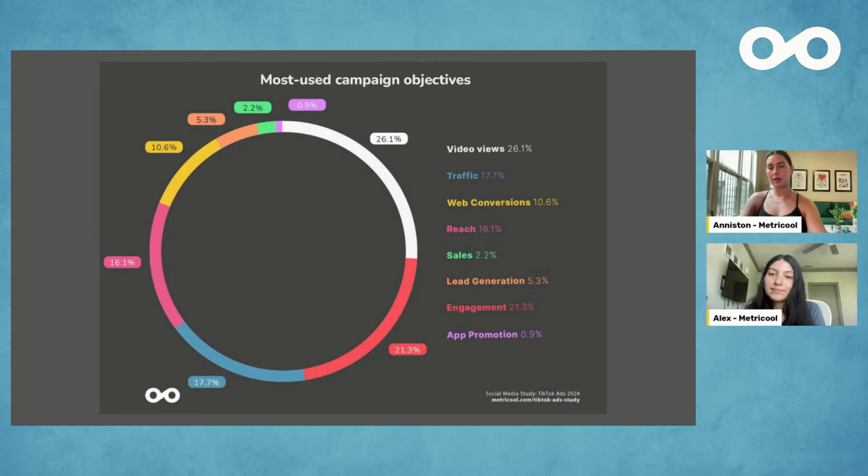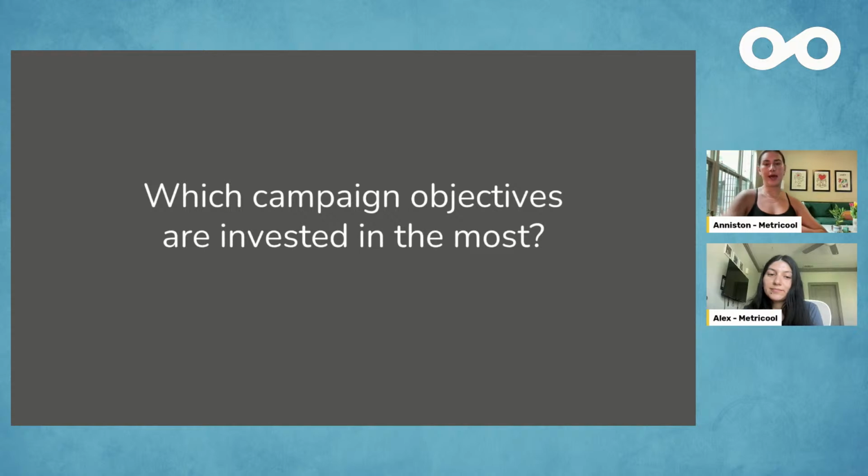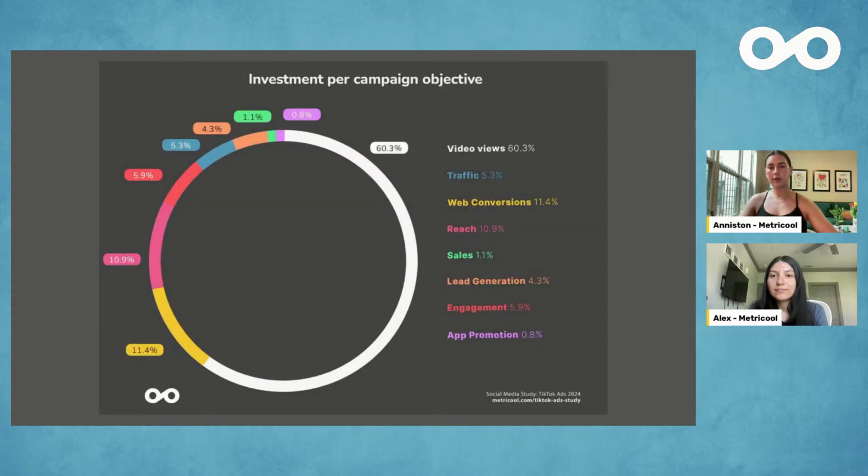And then after this, we wanted to know how much people are investing in these campaigns. Overall, we can see that the most was invested in video view campaigns by far. We'll see there's a pattern about video view campaigns for TikTok.